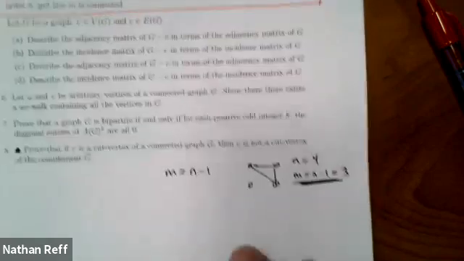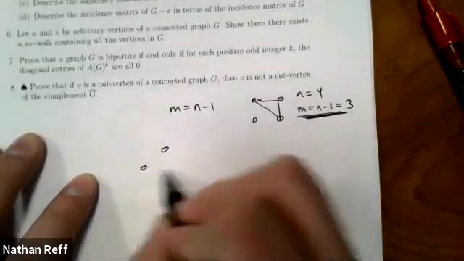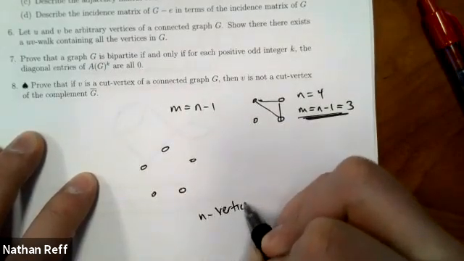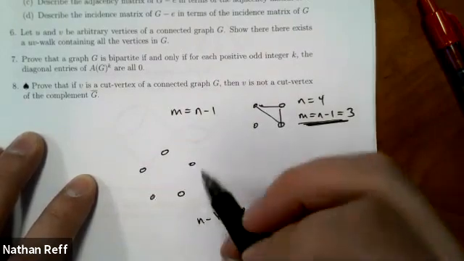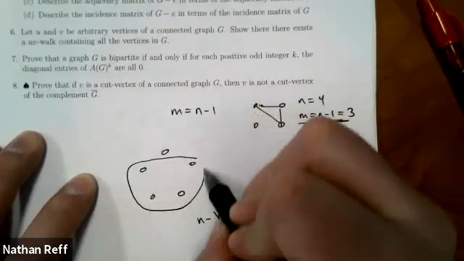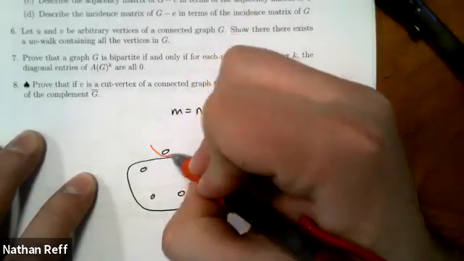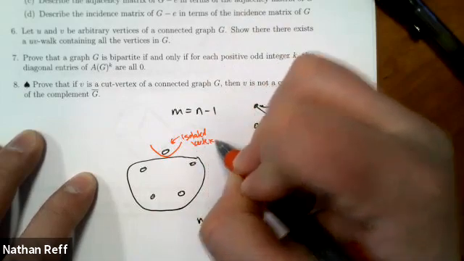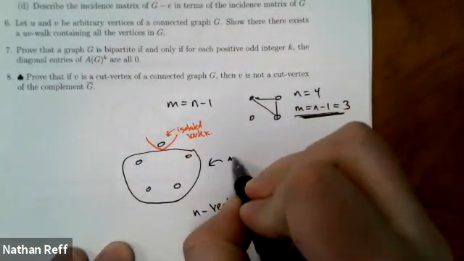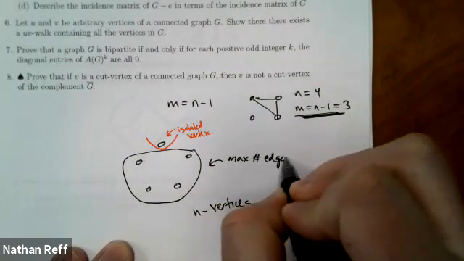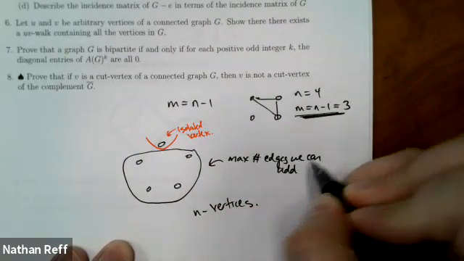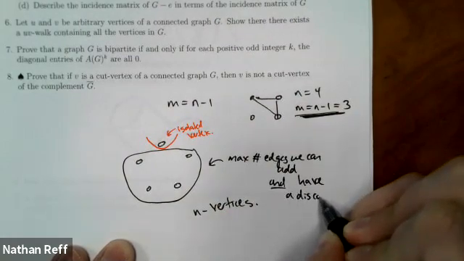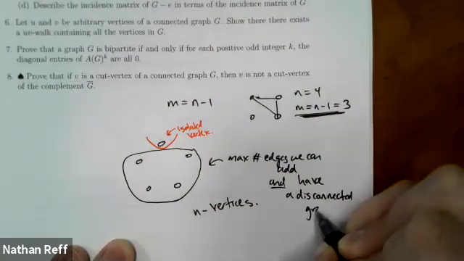Okay. And the trick that I was mentioning is, if you have n vertices, what's the maximum number of edges that I could put in? So ignore this isolated vertex. What's the max number of edges we can add and have a disconnected graph?